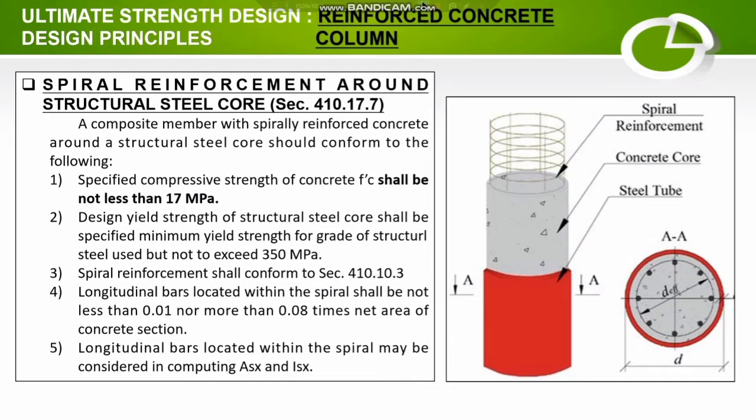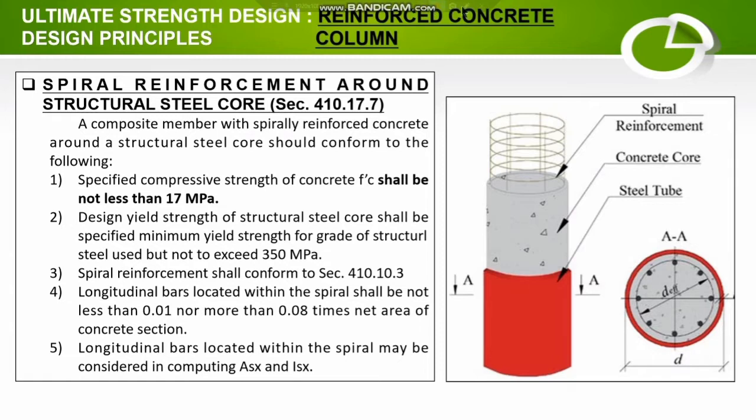Design yield strength of the structural steel core shall be specified as the minimum yield strength for the grade of structural steel used, but not exceeding 350 megapascals. Spiral reinforcement shall conform to section 410.10.3. Longitudinal bars located within the spiral shall be not less than 0.01 nor more than 0.08 times the net area of the concrete section.